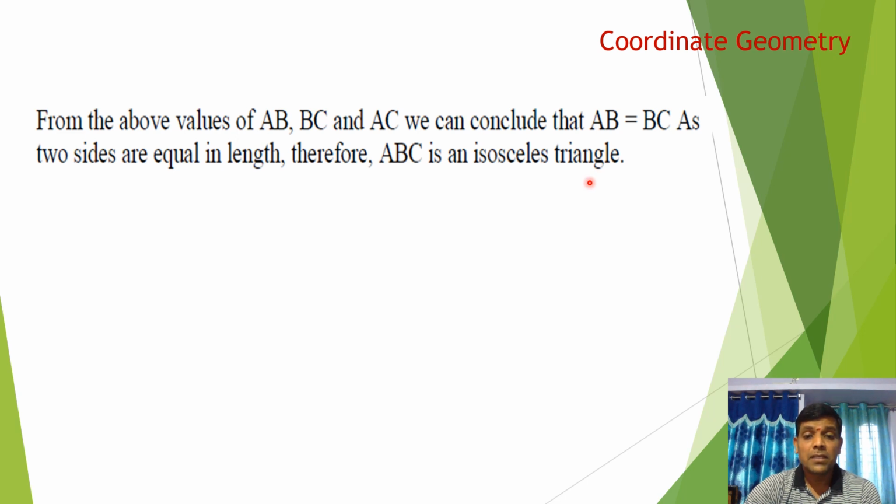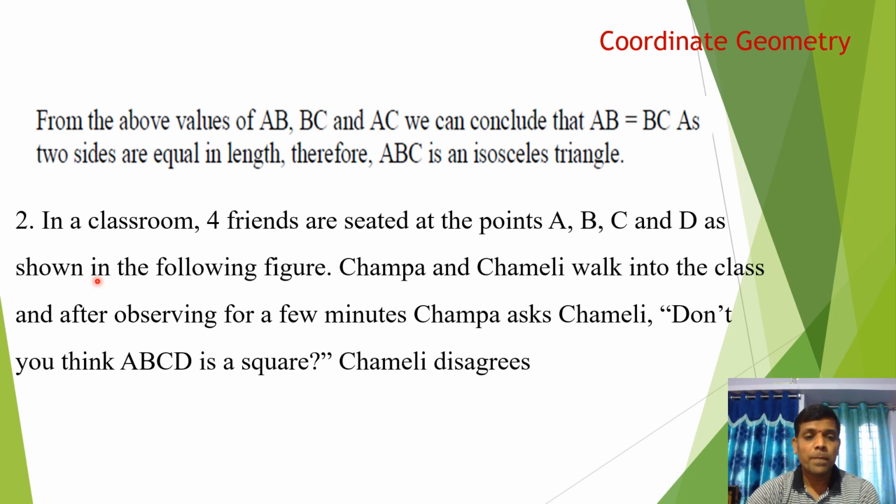Are you clear? So coming to the next question. In a classroom, 4 friends are seated at the points A, B, C and D, as shown in the figure. Champa and Chameli walk into the class. After observing for a few minutes, Champa asked Chameli, "Don't you think ABCD is a square?"